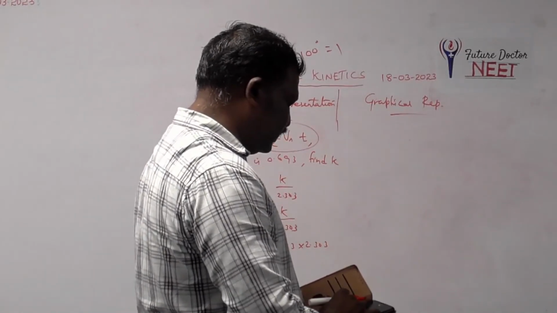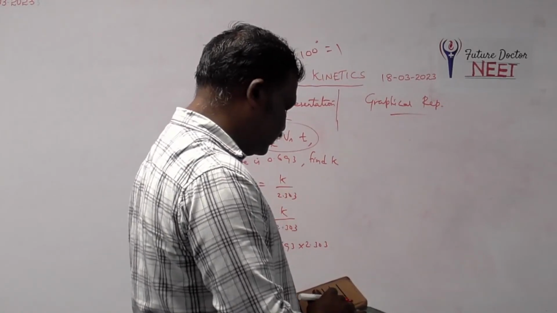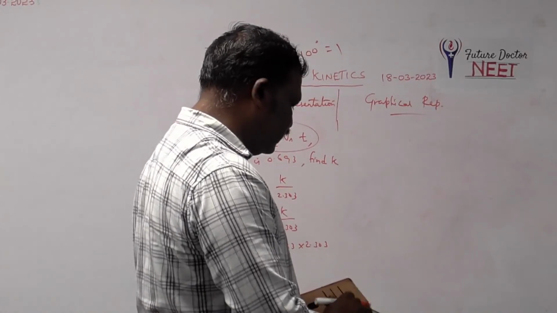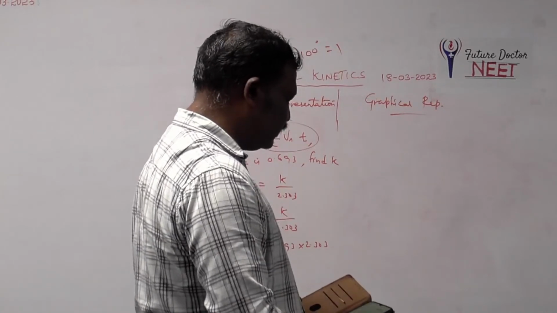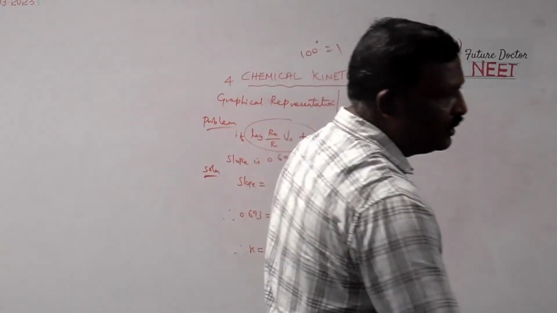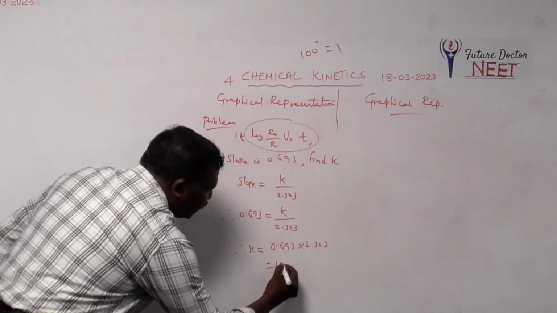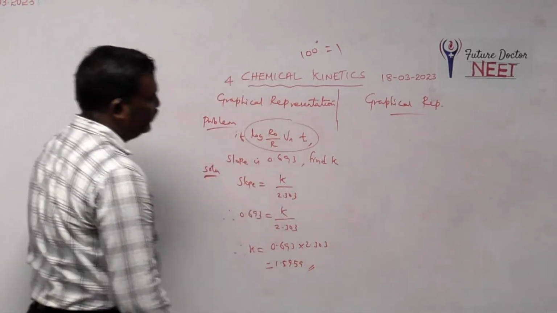If you know the method, then you know. 0.693 into 2.303, isn't it? Okay, 1.599. It goes on, 1.599. Okay, right. Understood.